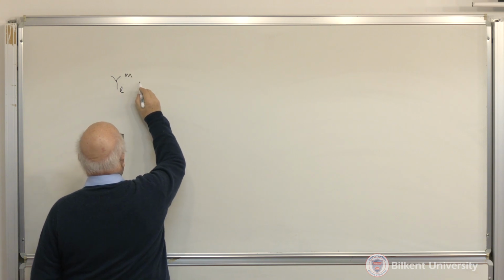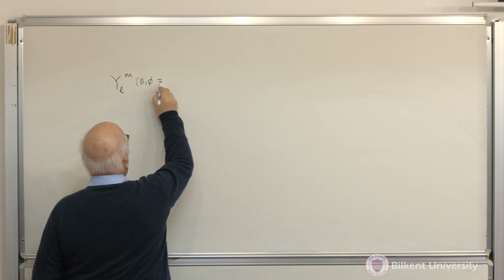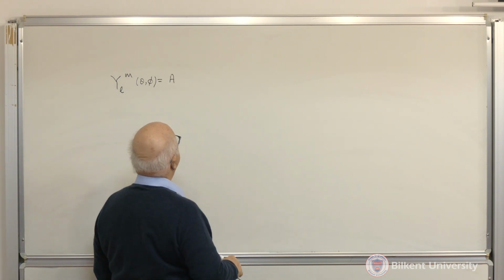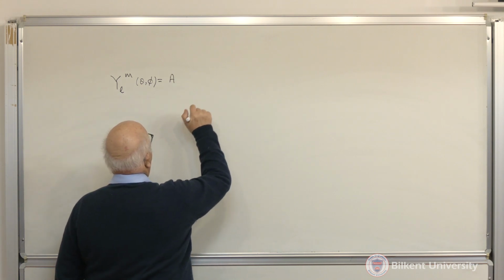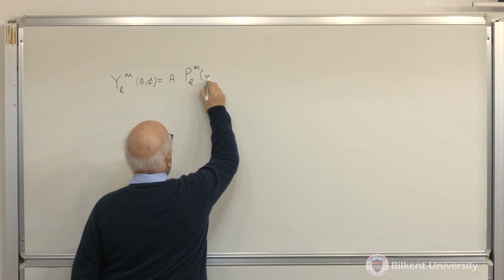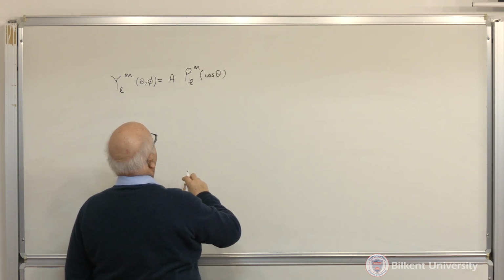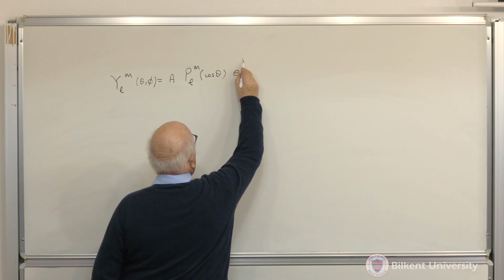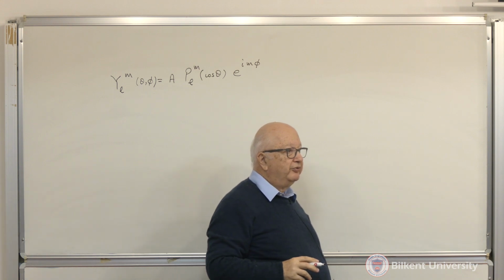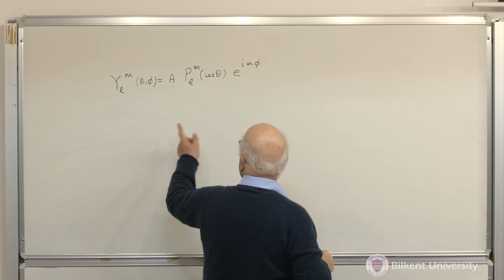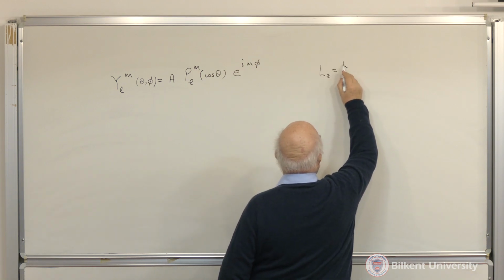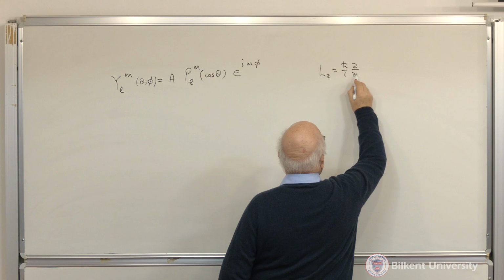So these Y_lm of theta and phi have some normalization so that we get this nice orthonormality. And there are these functions P_lm of cosine theta, and there's an e to the i m phi part. You can sort of guess the e to the i m phi part because we know that the Lz operator is h bar over i del phi.